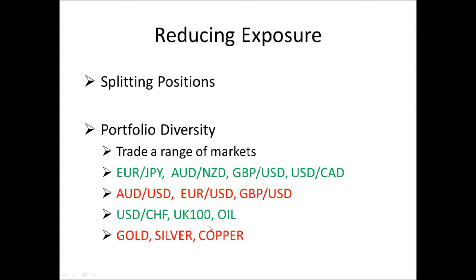A portfolio I wouldn't suggest would be something like the Australian dollar, US dollar, euro, US dollar, pound, US dollar. The reason being, you have a large exposure to the US dollar. And all of these currency pairs have strong correlation. So if one moves down, it's likely the others could also move down.